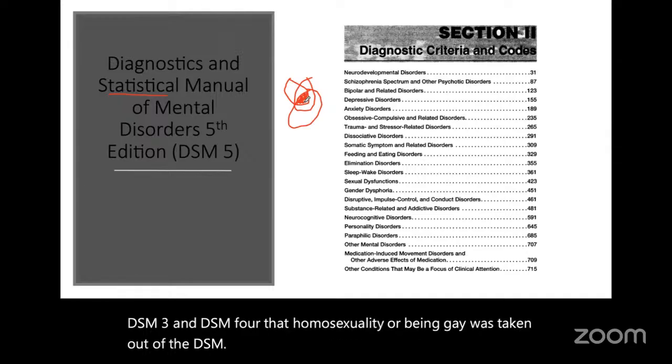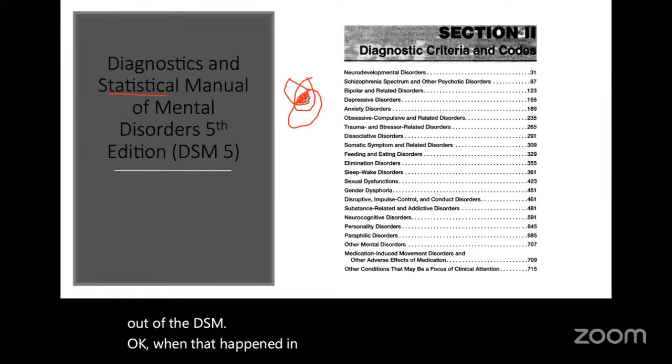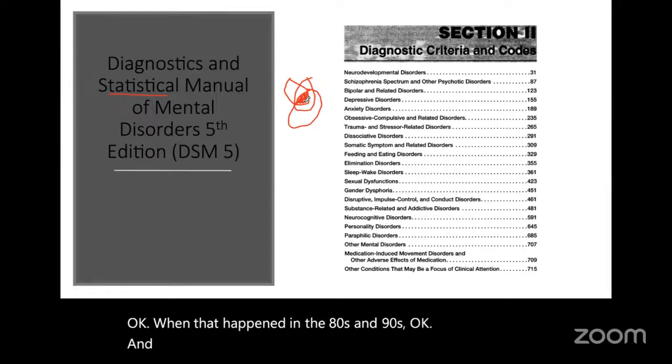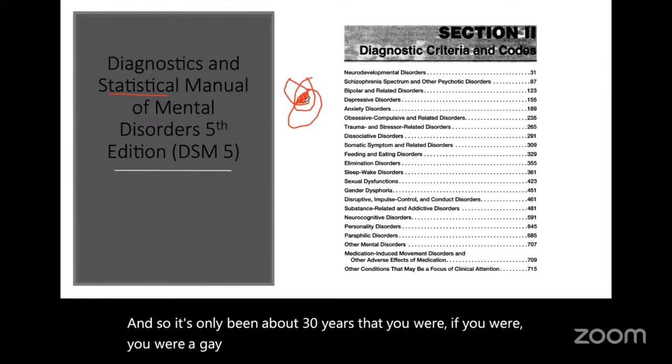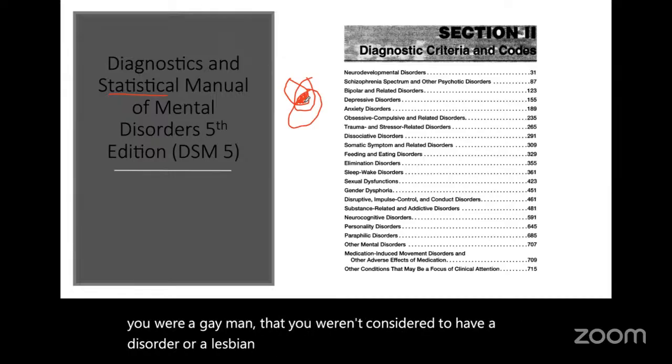Okay, and that happened in the 80s and 90s. And so it's only been about 30 years that if you were a gay man or a lesbian woman, you weren't considered to be sick or disordered or have an illness.